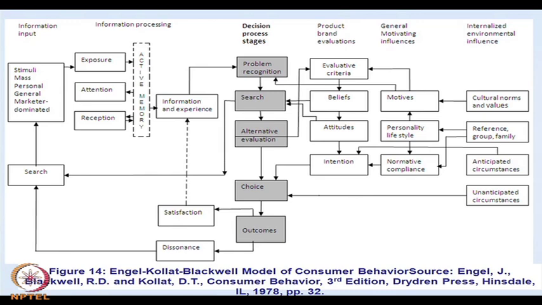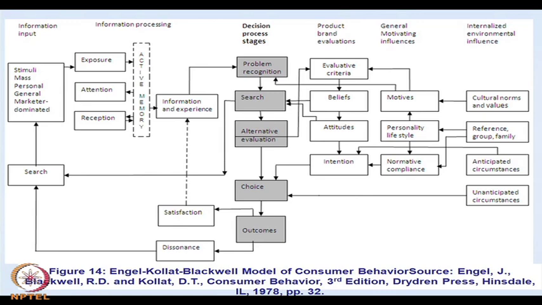Then we move to the third construct, or the third variable, of the EKB model, which is the decision process stage. Now, this decision process stage comprises 5 stages, where we start with problem recognition, search, alternative evaluation, the choice, and the outcomes.